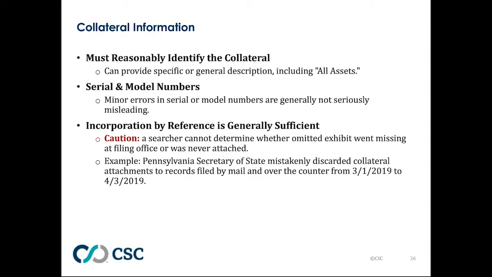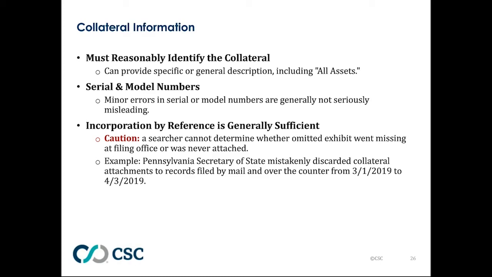Filer hasn't provided any collateral and the financing statement is seriously misleading and not effective. But from a searching perspective, searchers can't just jump to that conclusion, because if it was a result of a filing office error, that's an indexing error, and the risk of that error falls on the searcher. Searchers have no way of knowing where that got lost along the way just from the record itself.